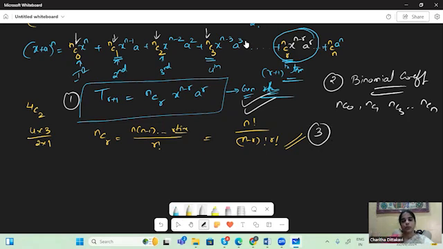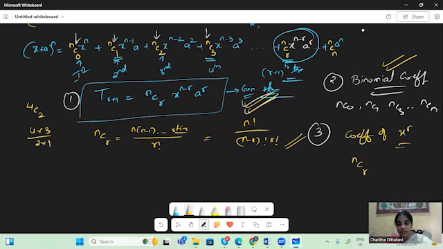Right, coming to the next thing. One is the general term, the other is the binomial coefficient, and the other one is just the coefficient. It is the coefficient of x power values there. So it is nothing but the coefficient of x to the power r. What will be the coefficient of x to the power r?